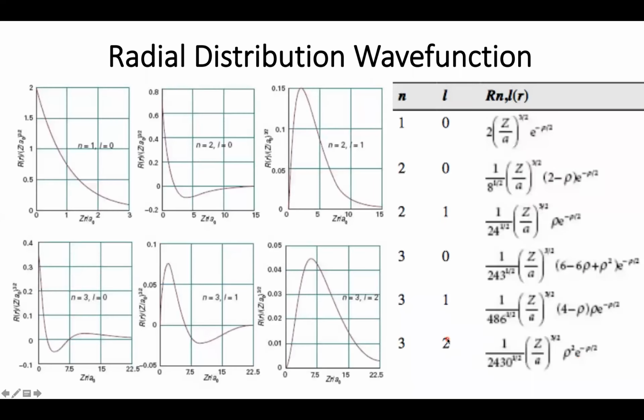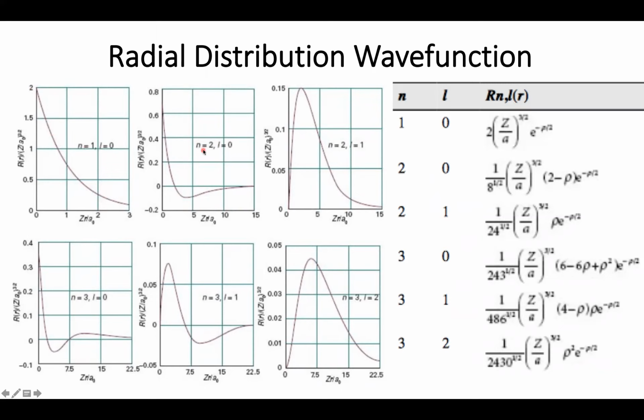Now we can take this set of functions and look at our radial distributions a little bit more precisely or graphically. Now, again, one of the things I want to make note of is our cases when L equals 0. So n equals 1, L equals 0, I have this nice exponential decay.